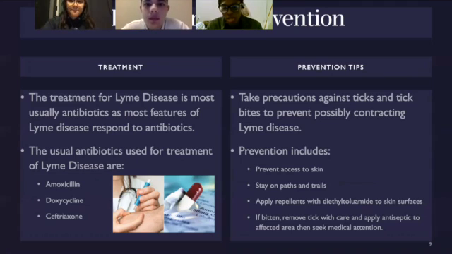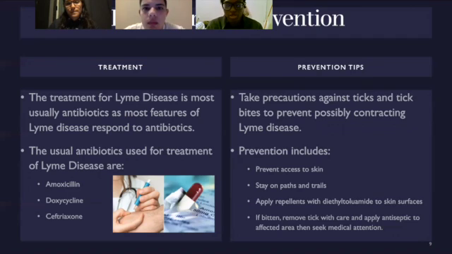The usual antibiotics used for treatment tend to be amoxicillin, doxycycline, and ceftriaxone, which a doctor would prescribe to you, and you'll take them over a course of a couple of days, depending on the severity of your infection, and the symptoms should clear up alongside the disease.